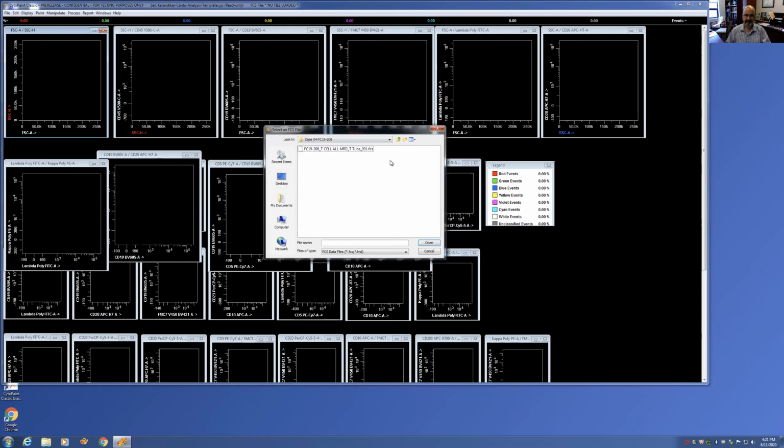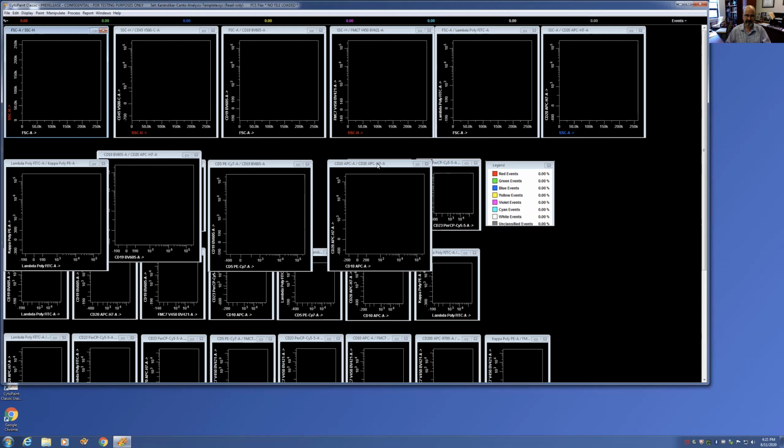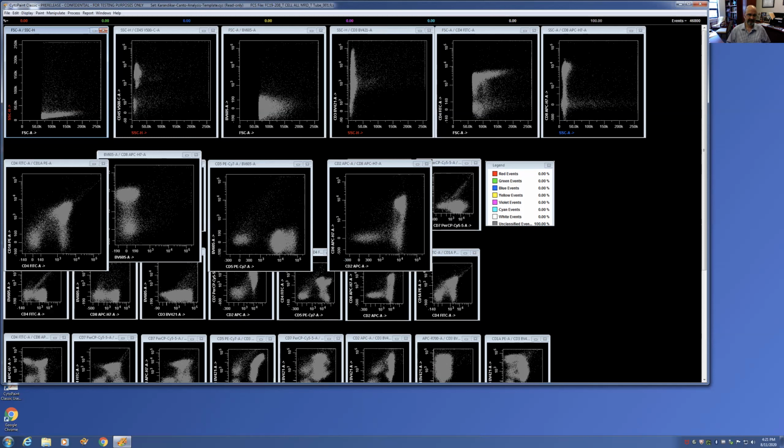So here's a good one to discuss. So this is a mediastinal mass. I don't have the rest of the history here, but let's see if we can find any good marker by which we can, okay, so seems like these are all T cell markers, and there's a nice cluster of CD5 positive cells.